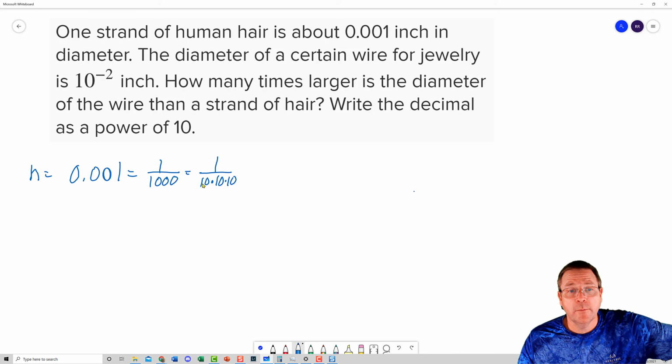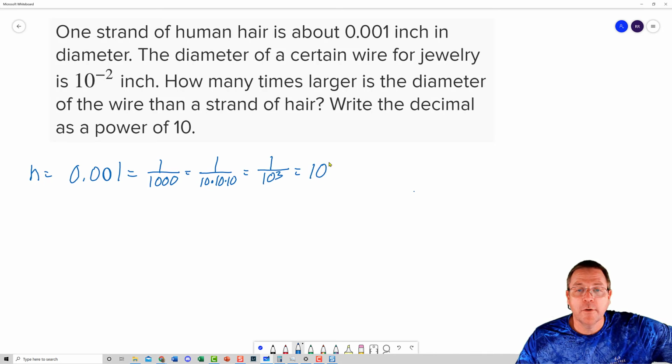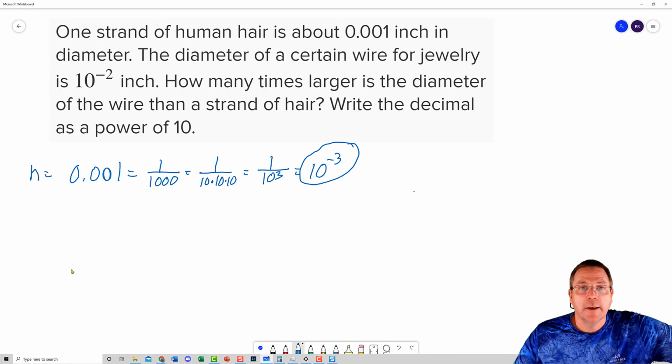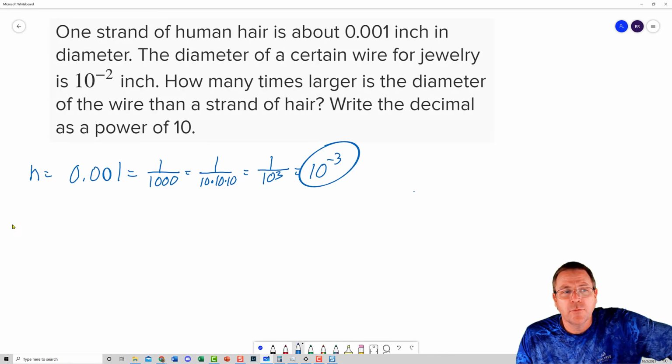You with me so far? 10 times 10 is 100, times 10 is 1,000. That, of course, could be rewritten as 1 over 10 cubed, which we're going to stop right here where it says 10 to the negative 3. So the hair is going to end up being 10 to the negative 3.